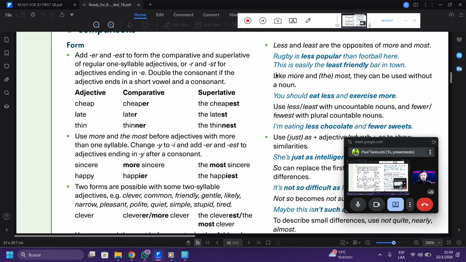Fruit salad is the less popular food in my high school bar. All right, good. And on the least, husky is the least adopted dog in my street. I don't know how to say adoptable.